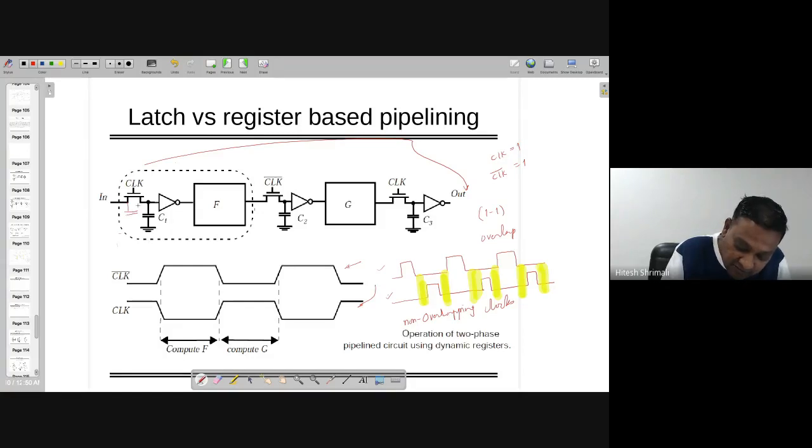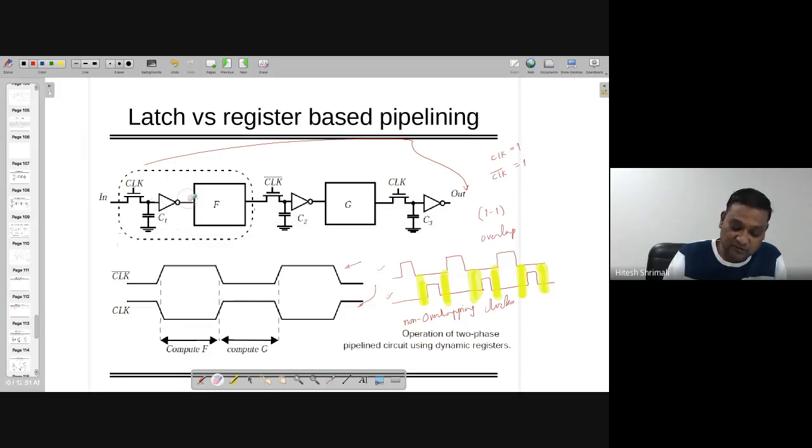So one solution might be that you are using the transmission gate. That is a possible thing. Or you can use one more circuit which is latching the output and restoring the level which you want. So that is also a possible thing.